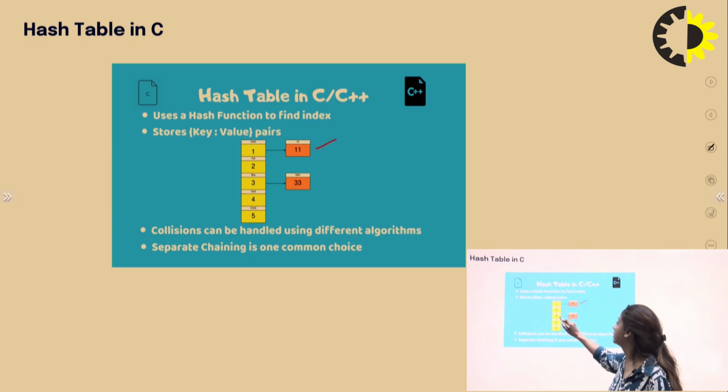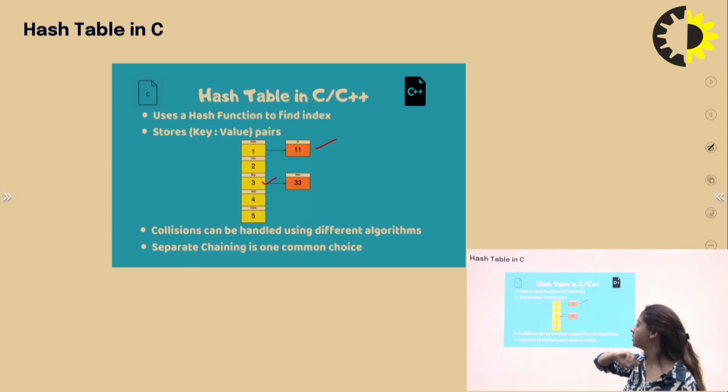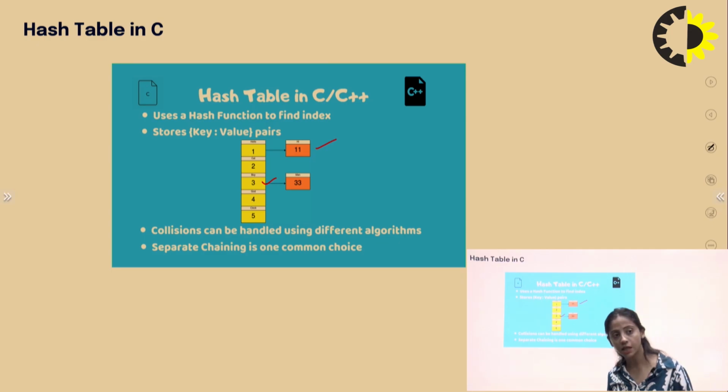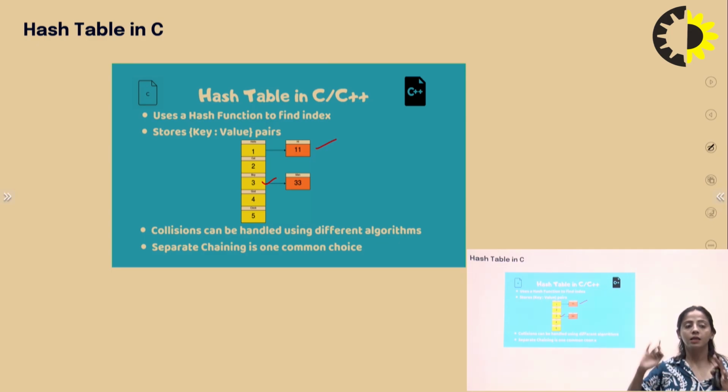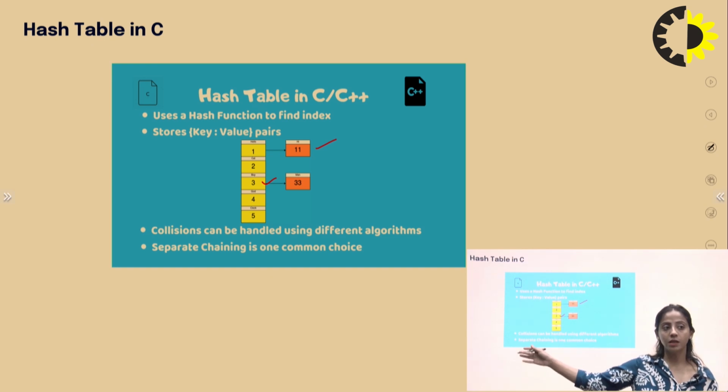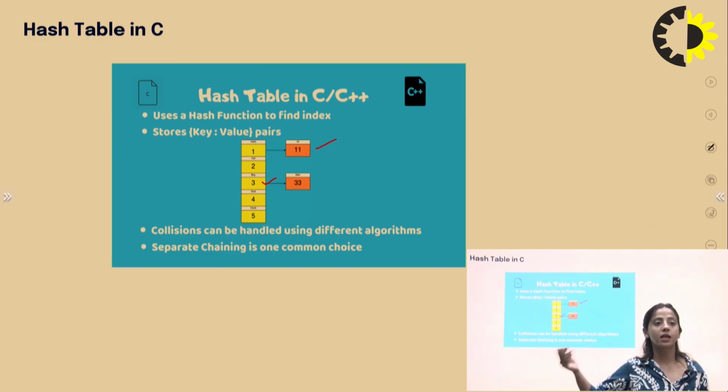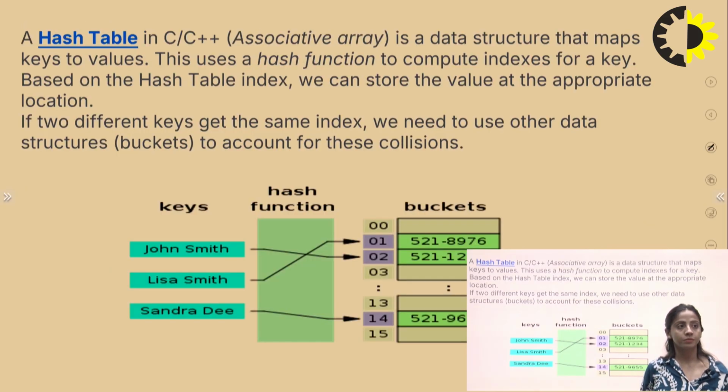This is index 3 where key value 33 is being held. Here collisions can also occur. There are different algorithms for handling collisions in data structures. One of the most commonly used collision handling algorithms is separate chaining.